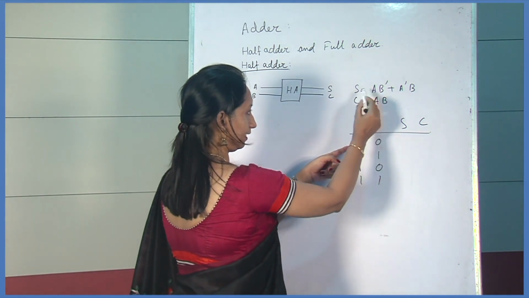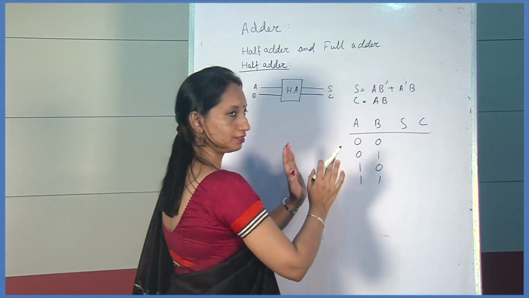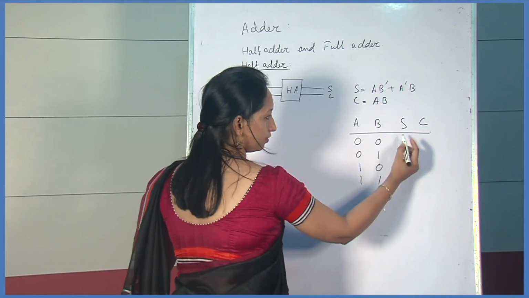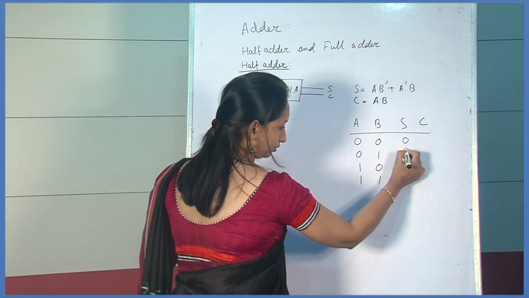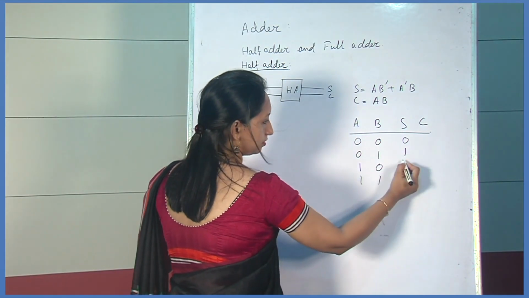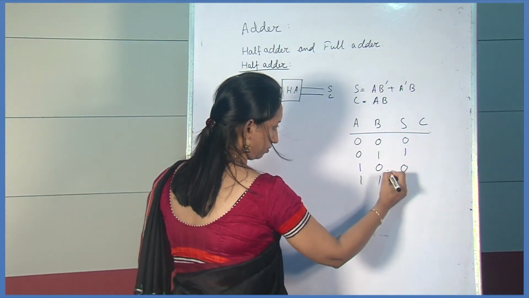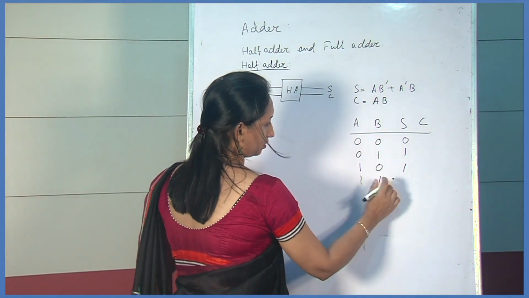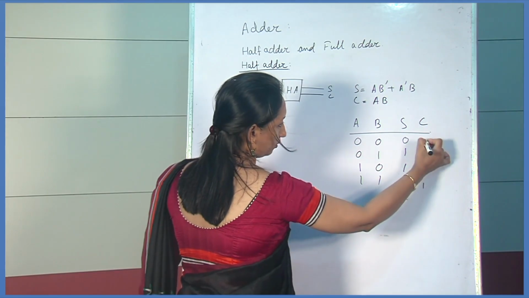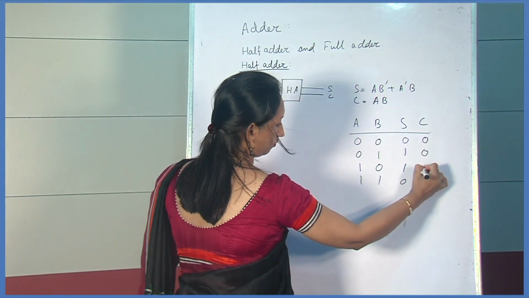So 0 and 0 are added: 0 plus 0, we get 0. 0 plus 1, the output sum is 1. 1 plus 0 is 1, and 1 plus 1 is 0, carry 1. Otherwise the carry is 0.